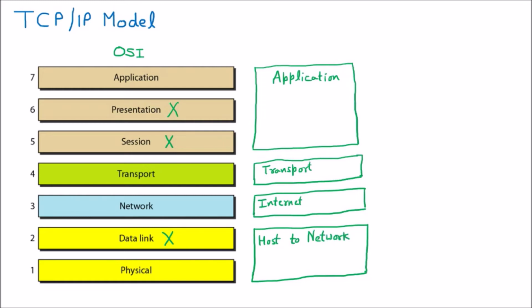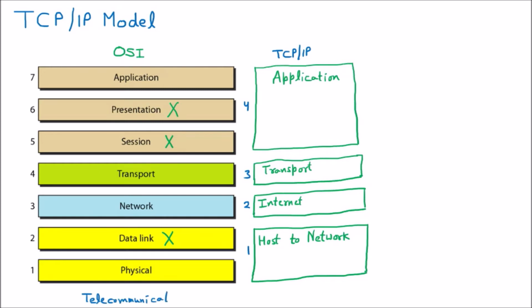Now we can see that there are 4 layers in the model, 1, 2, 3 and 4, and this model is now named the TCP/IP model. This is the new model they have developed, and this model is very powerful, because if I talk about telecommunication, then the OSI model works.